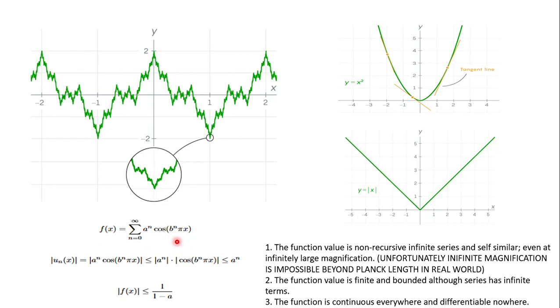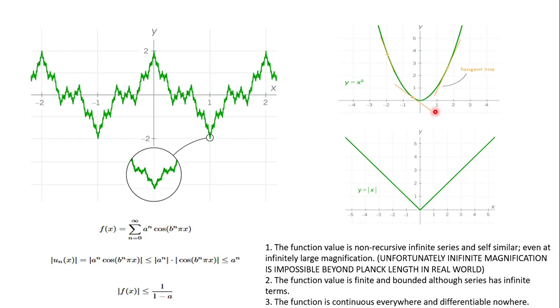Okay, so it's just a zoomed in picture, and here we have essentially proved that each term is bounded because the absolute value of cosine lies between 0 and 1. So f(x) is bounded by 1 over 1 minus a, and here we can see that the absolute value is 2, so we can safely say that a is 0.5 here.